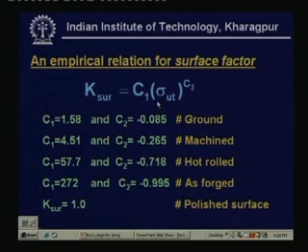And as I mentioned earlier, the surface finish factor equals unity when the machine element surface is highly polished.